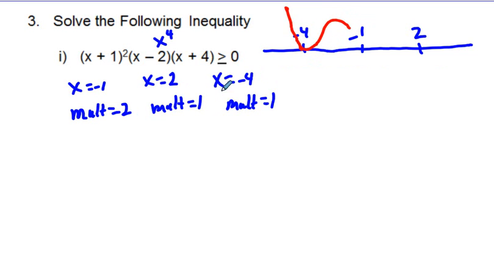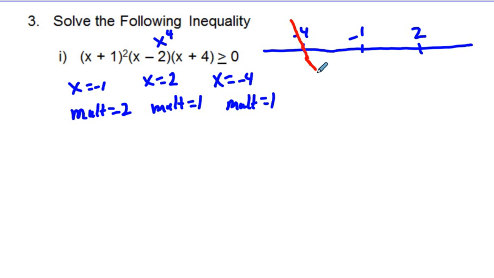Now, negative 1, okay, negative 4. See, I got this wrong. Let me go ahead and back up. That's why we do this. Okay, negative 4, we have a multiplicity of 1. So we're actually going to cross the x-axis. I was able to catch myself because we had a multiplicity of 1.